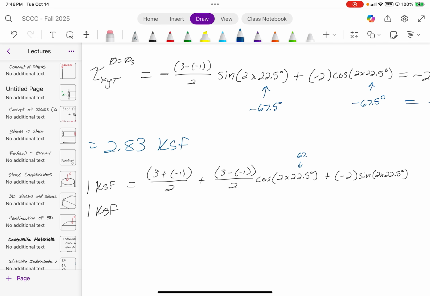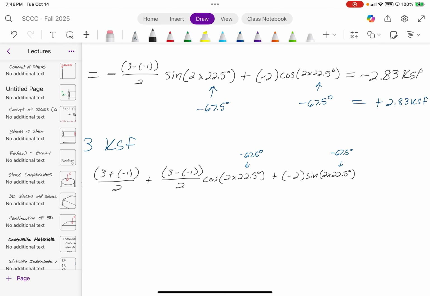Now you can replace these also with negative 67.5 degrees. And what you should get plugging this in is 1 KSF.